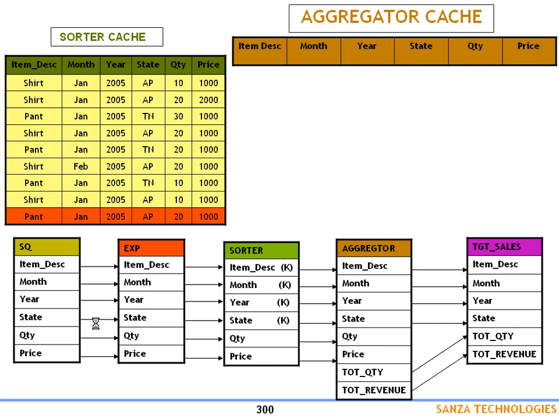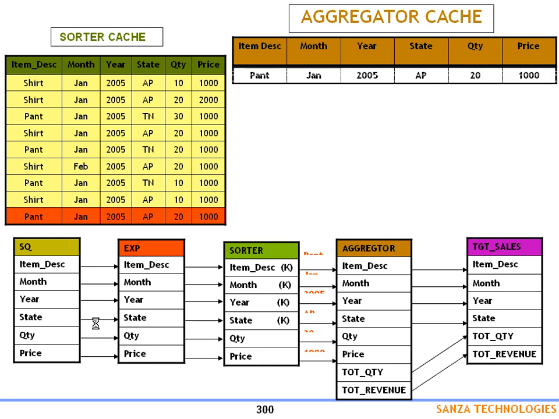Then after it puts the data into the sorter cache, it sorts this data and puts it into the aggregator cache, one record at a time.